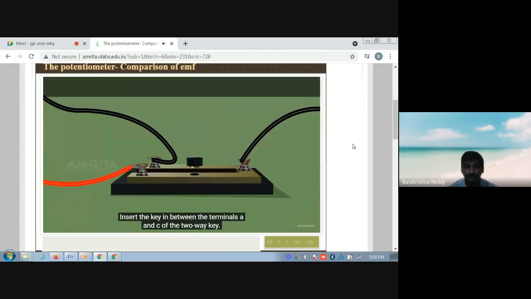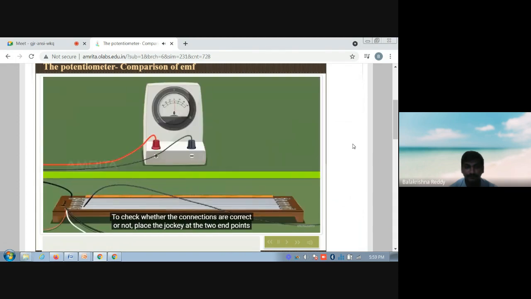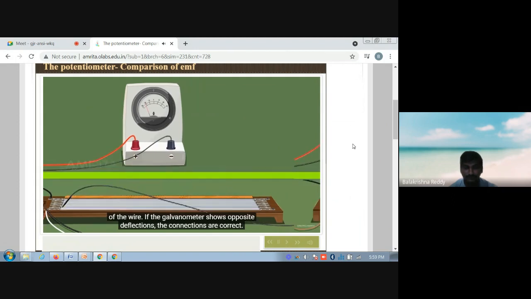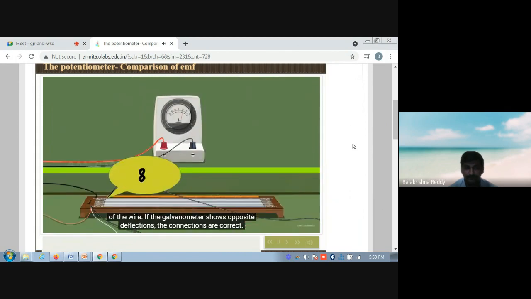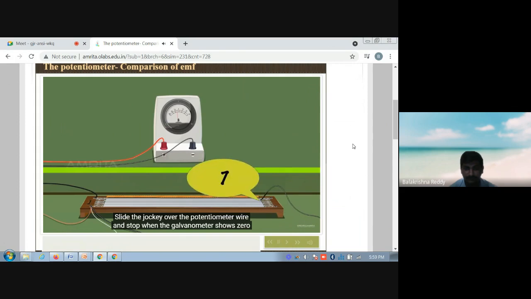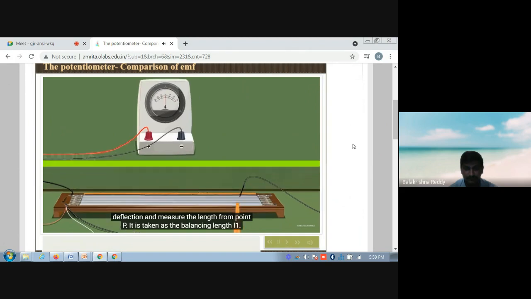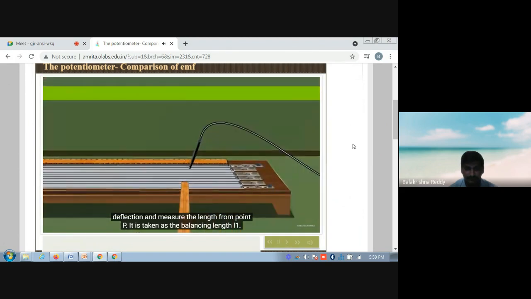Insert the key in between the terminals A and C of the two-way key. To check whether the connections are correct or not, place the jockey at the two end points of the wire. If the galvanometer shows opposite deflections, the connections are correct. Slide the jockey over the potentiometer wire and stop when the galvanometer shows zero deflection, and measure the length from point P. It is taken as the balancing length L1.